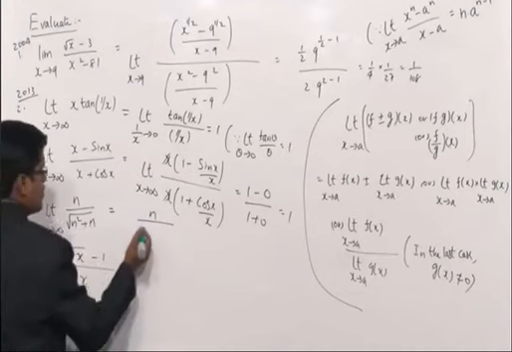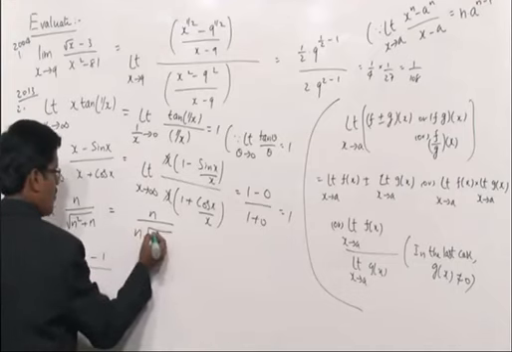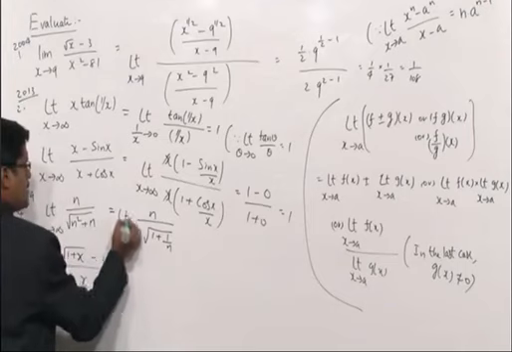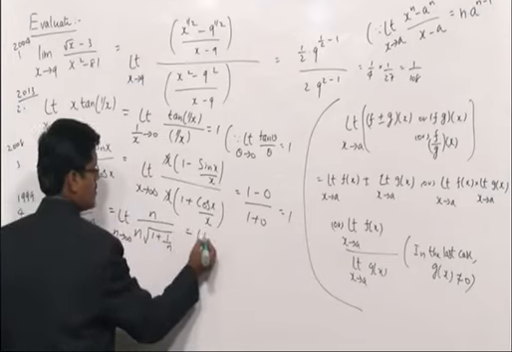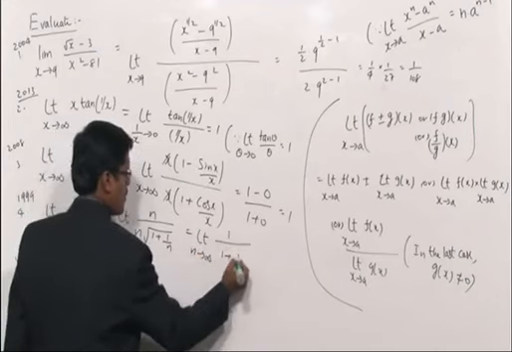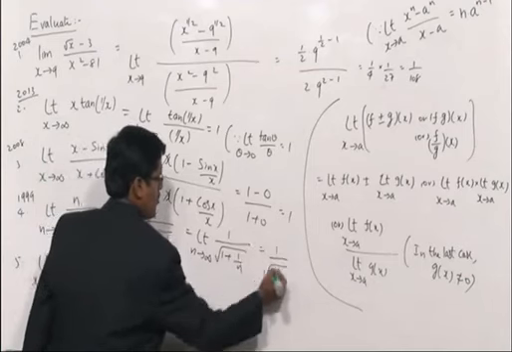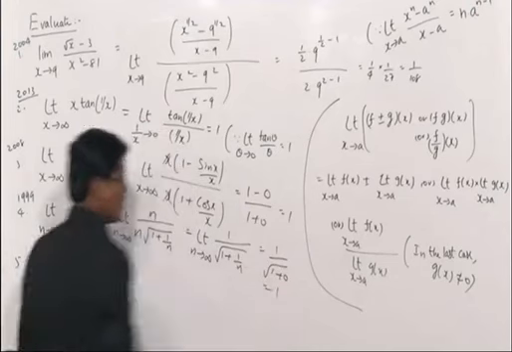After taking out, from root n square it becomes n. So n times square root of 1 plus 1 by n, because n square is not here. Limit n tends to infinity. So n cancels. This becomes limit n tends to infinity, 1 divided by square root of 1 plus 1 by n. So the limit of a constant is itself, square root of 1 is itself, 1 by infinity goes to 0, so it is equal to 1.